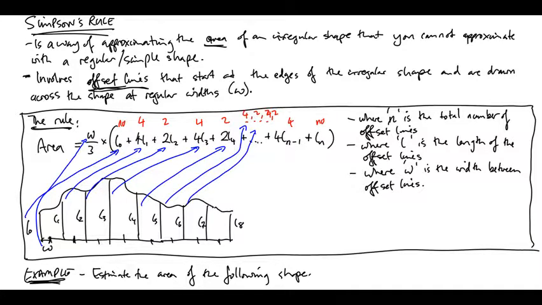And length 7, because it's the second to last, is going to have to be multiplied by 4. And just notice that there's 8 offset lines, and n take 1, or the number of offset lines take 1, is going to be 7. Line 7 is going to be multiplied by 4, and line 8, the last offset line, is going to be multiplied by, well, nothing. It's just going to be itself.